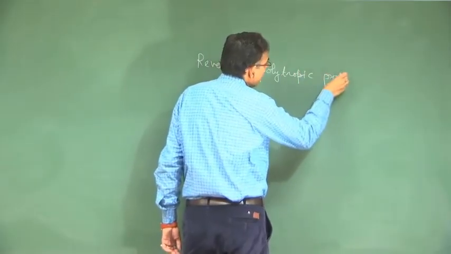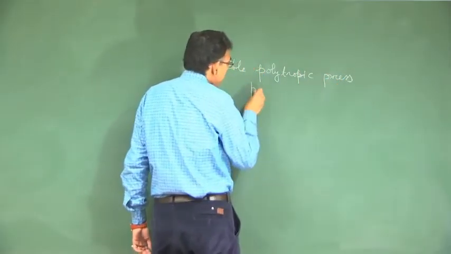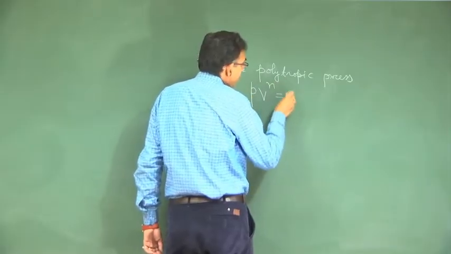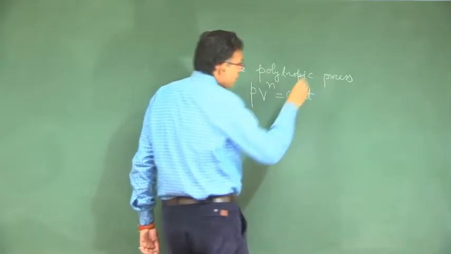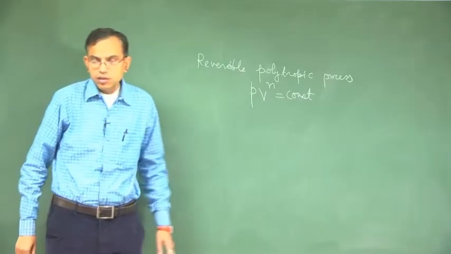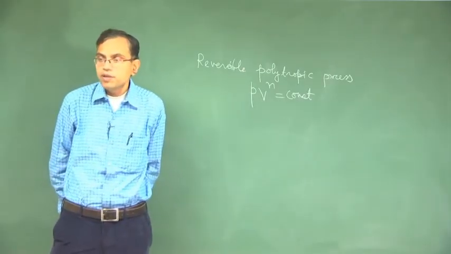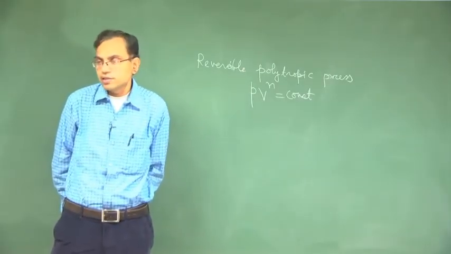A reversible polytropic process is defined by a process governed by the following relationship: PV to the power n equal to constant.